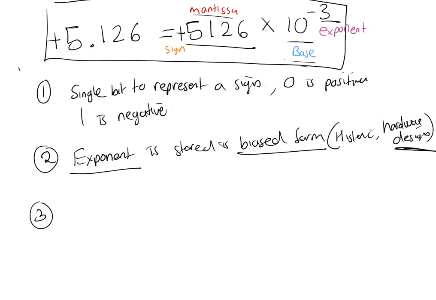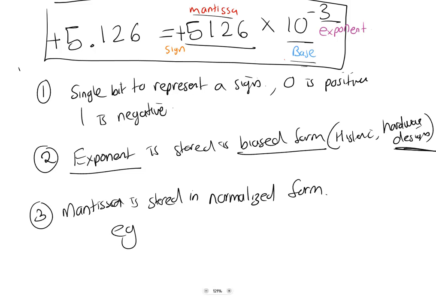The last thing that we need to talk about is this mantissa, because we spoke about bases a lot, so there's nothing to talk about there. But the mantissa, we store in normalized form. Mantissa is stored in normalized form. So for example, this number here, which is 5.126, we'll store it as 1.5126.